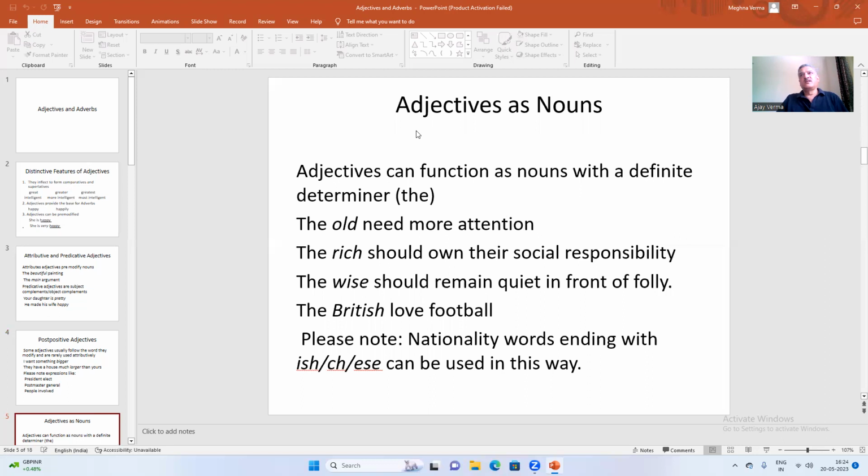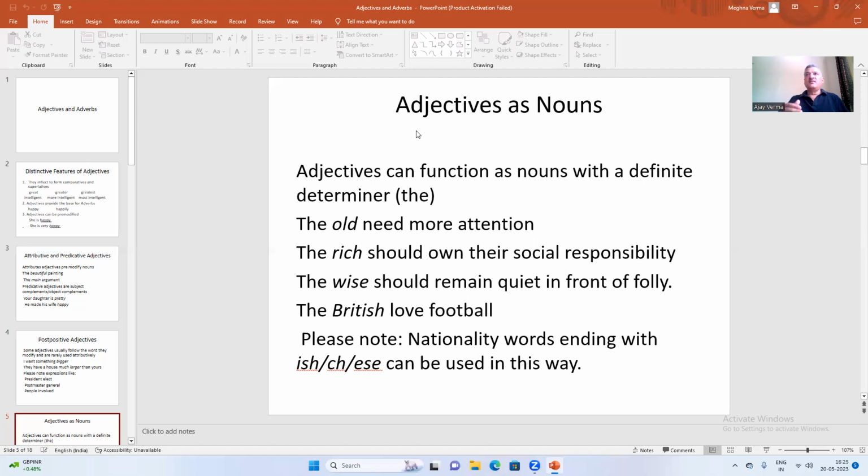When adjectives function as nouns, there are two or three important things to remember. One, when adjectives function as nouns, they always come with a definite determiner, the definite article, the. Secondly, they always have a plural and generic reference.